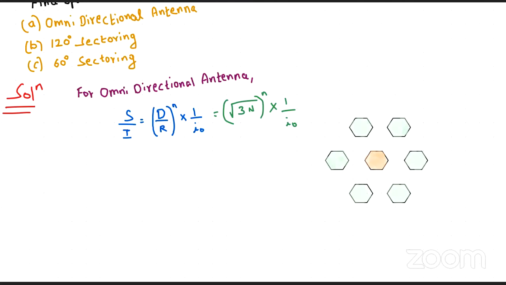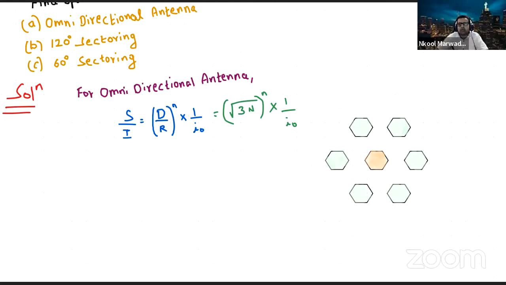So why are they placed so close? Actually I have placed them, but in between there will be some other cells also. These cells will be of different frequency groups.